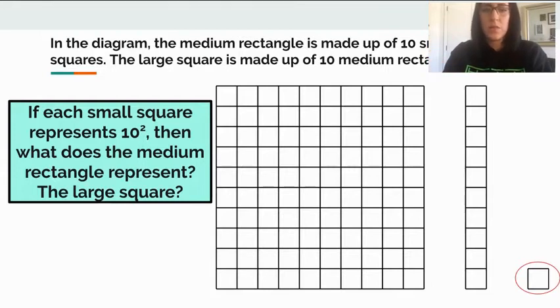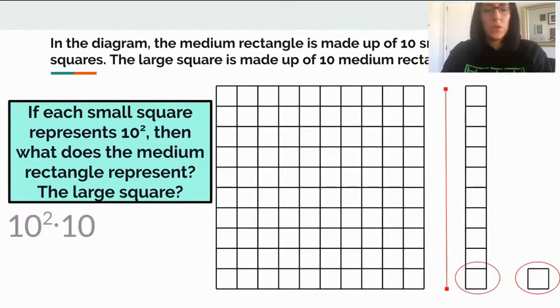Let's take this to the medium rectangle. We see one of those at the bottom. Each of those circled represents 10 squared, but there are actually 10 of those in that rectangle. So we would say that 10 squared times 10 of them in the rectangle would mean that the medium rectangle would represent 10 to the power of 3.